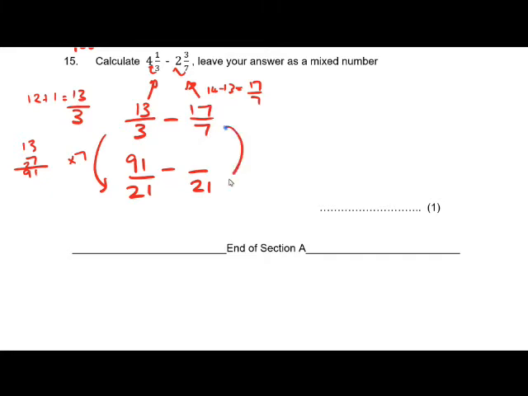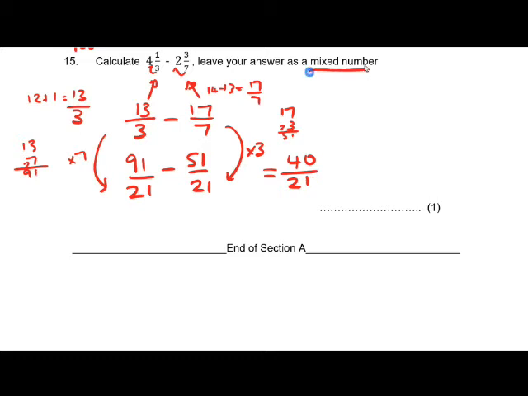To get from the 7 to the 21, we multiplied it by 3, so 17 times 3 is 51. Now we can do the maths. 91 take away 51 is 40, and it's all over 21.